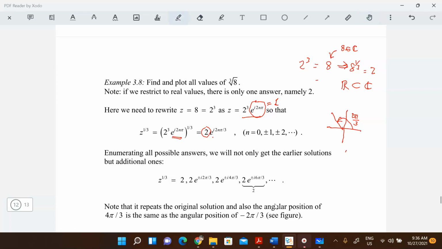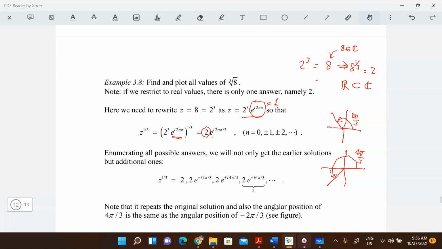It will be somewhere over here, past pi. So this will be 4 pi over 3, which is pi plus pi over 3. Now, what about other values?